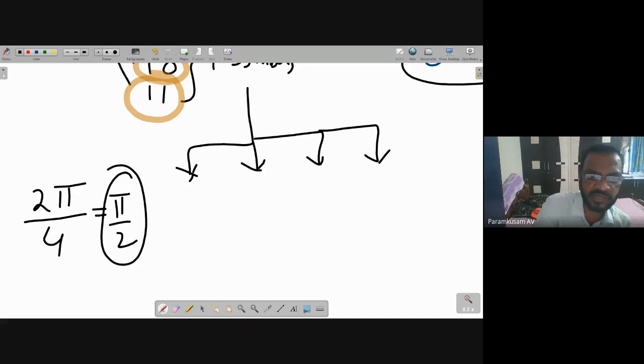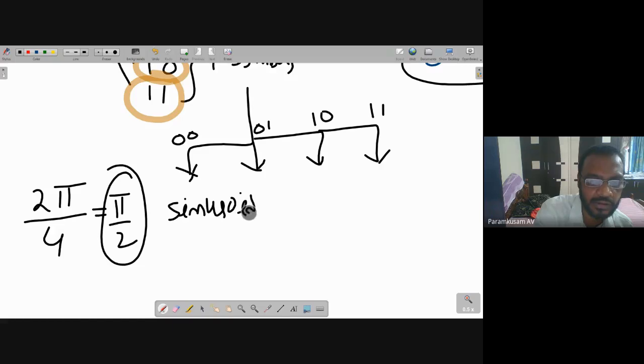So you transmit the symbols 0, 0, 0, 1, 1, 0, and 1, 1. If 0, 0 is to be transmitted, then you transmit a sinusoid with phase angle pi by 4.